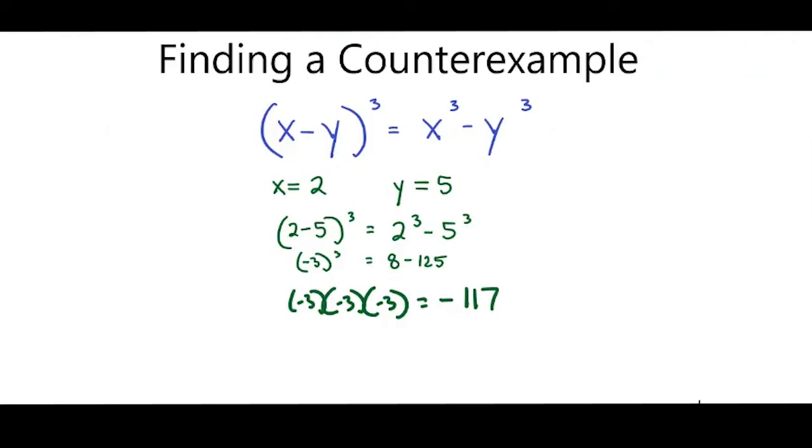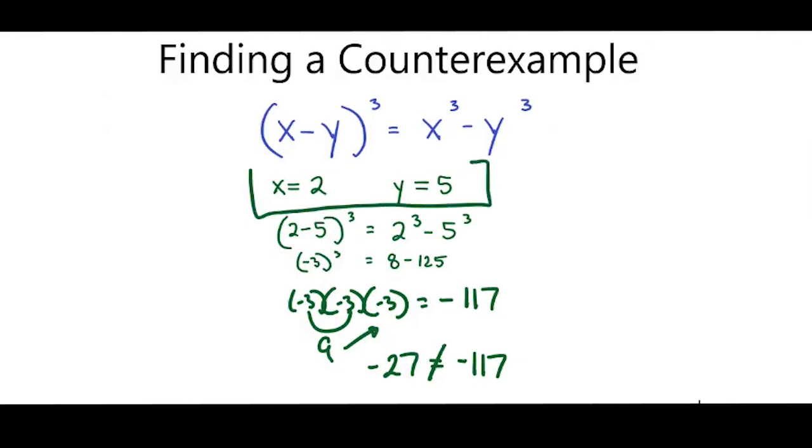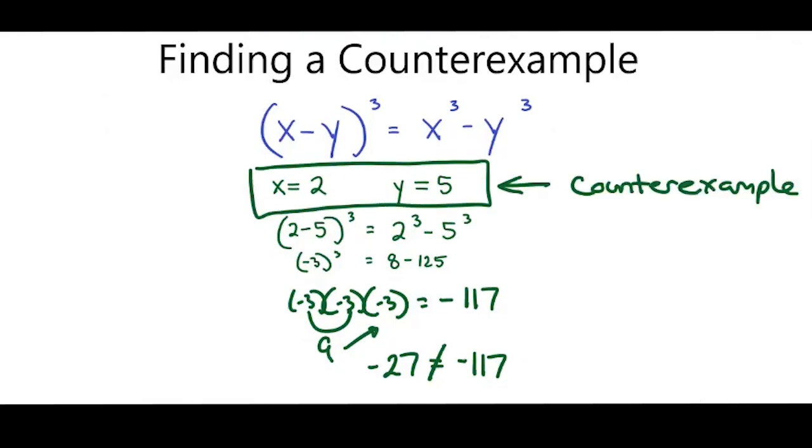Well, negative 3 times negative 3 times negative 3, this is a great opportunity to use a calculator. So negative 3 times negative 3 is 9, times negative 3 is negative 27. Negative 27 and negative 117 do not equal each other. So what that means is this is a counterexample. And that's how you find a counterexample.